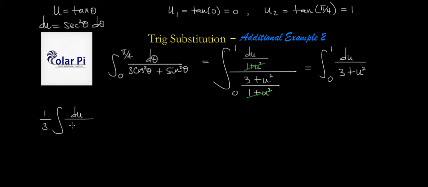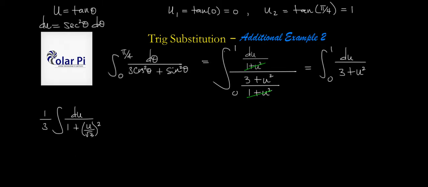And so a third, and then du, clearly this 3 came out of the denominator by factoring it out of these two terms. And so then I have to write 1 plus u over root 3 squared. Then you can make a regular substitution with something like t equals u over root 3, and clearly recognize you've got tan inverse of u over root 3 as part of your solution.